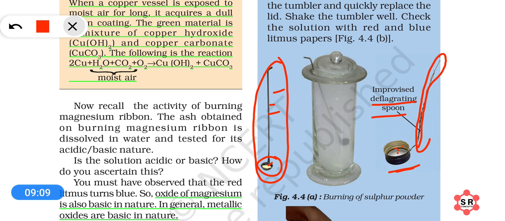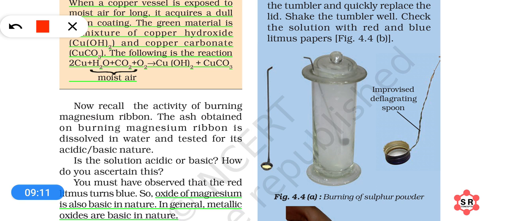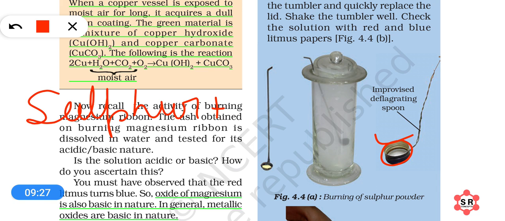And you know, dear students, sulfur is a non-metal. So we will take sulfur in this and try to burn it.